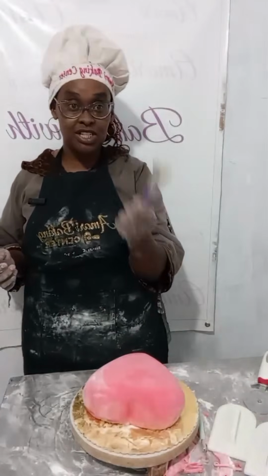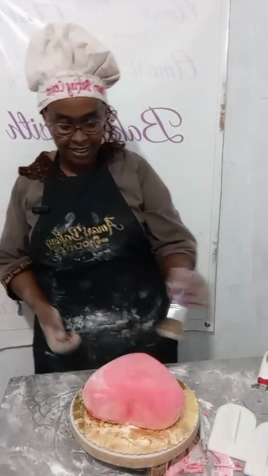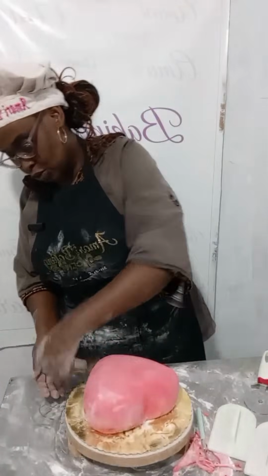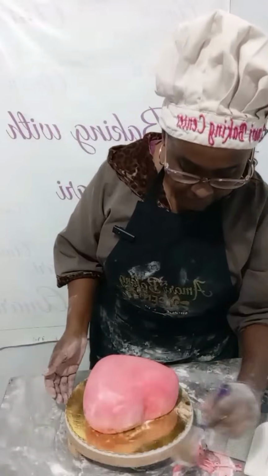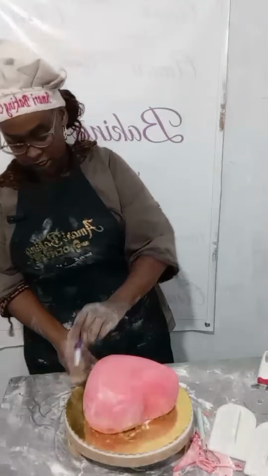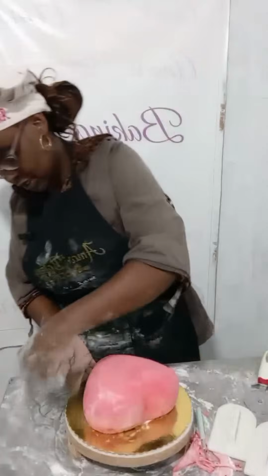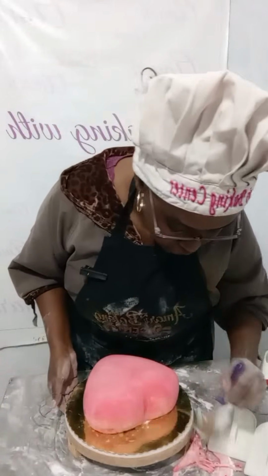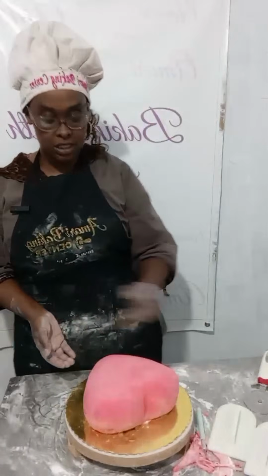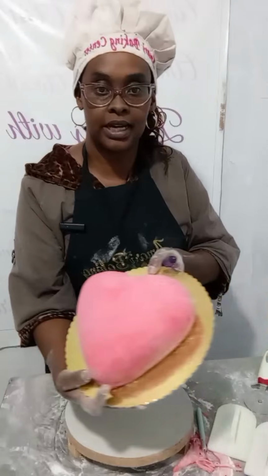These brushes, somebody gifted me this, by the way, very nice lady. But these are great because they get rid of a lot of excess. Because as you can see, I used a lot of icing sugar to make sure that my fondant doesn't stick. So as you can see, there's a little less, right?